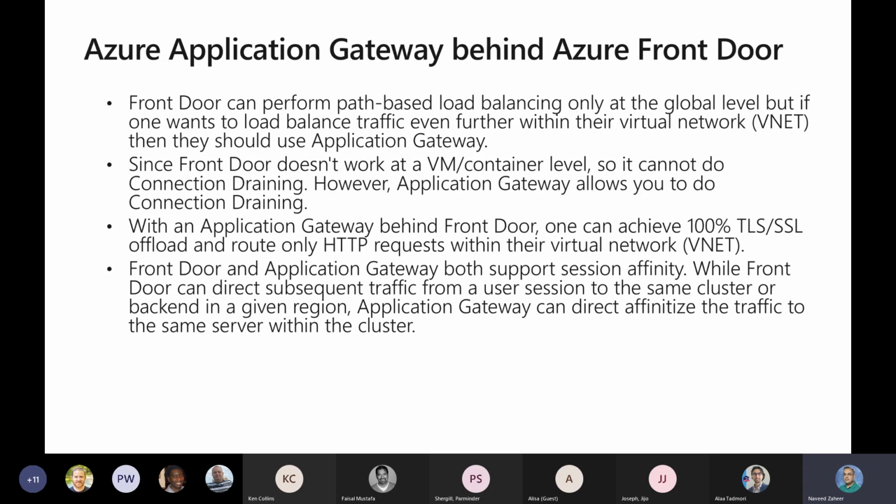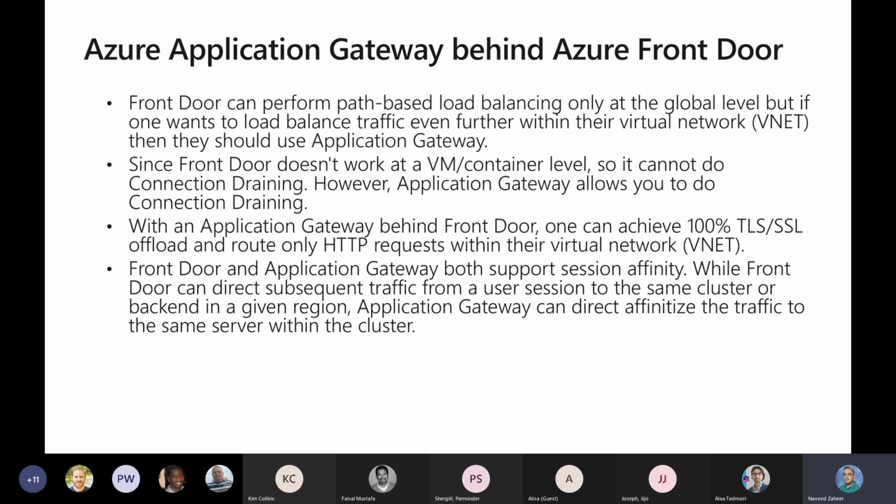So that's why you have to have a mix of both for these types of scenarios. You have to use both the services.